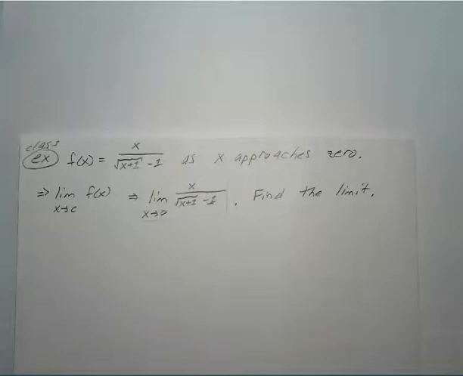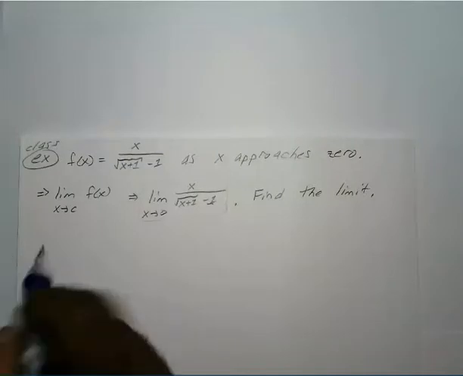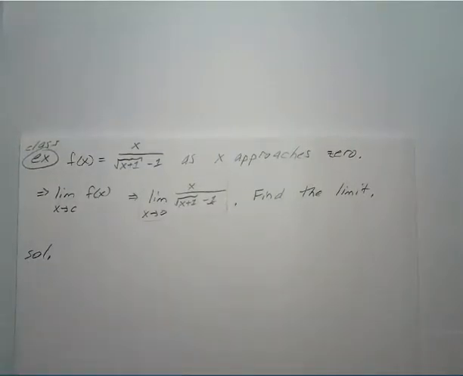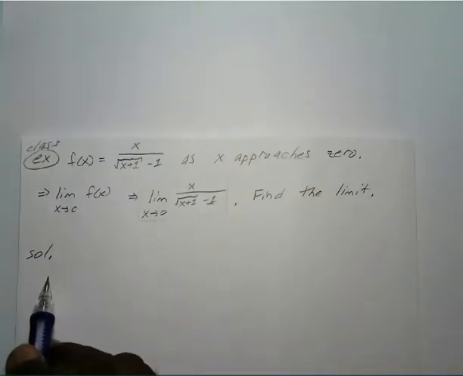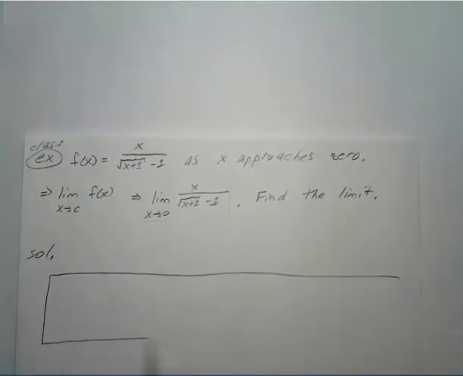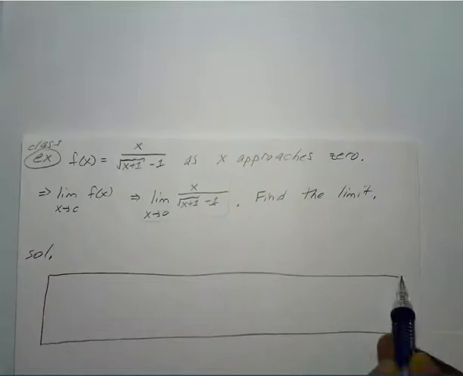Alright, so I'm assuming you've pressed pause and you've worked this one out. So we're going to go ahead and verify your answer. Okay, so just like before, I'm going to draw a little table.